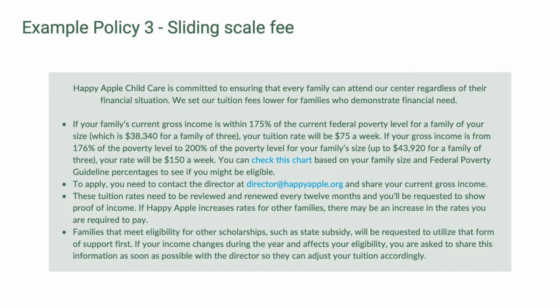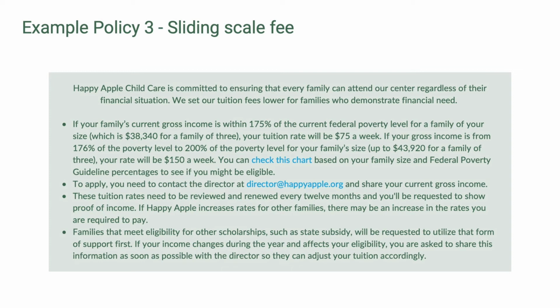If your family's current gross income is within 175% of the current federal poverty level for a family of your size, your tuition rate will be $75 a week. If your gross income is from 176% up to 200% of the poverty level for your family size, your rate will be $150 per week.